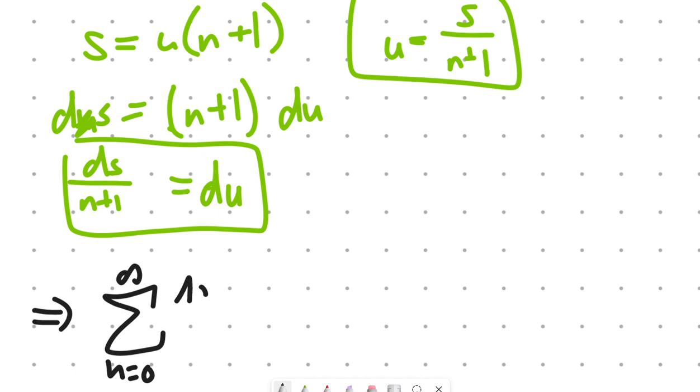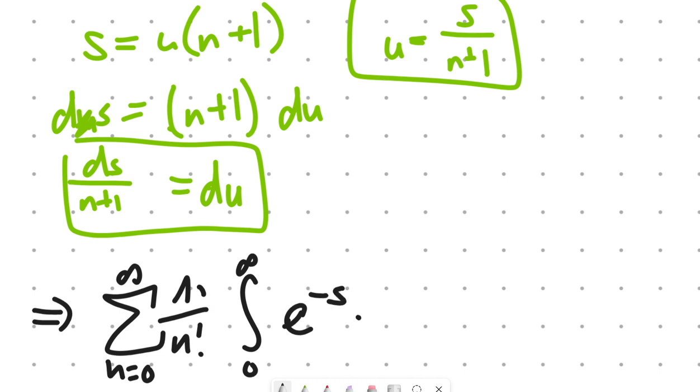1 over n factorial, times the integral from 0 to infinity. Now we're going to write e to the negative s times, now we are writing the u. U is equal to s divided by n plus 1. So s divided by n plus 1, and now all the thing to the n power.